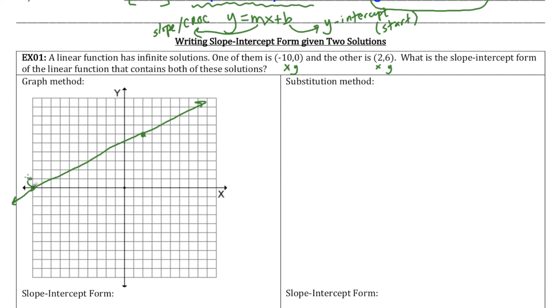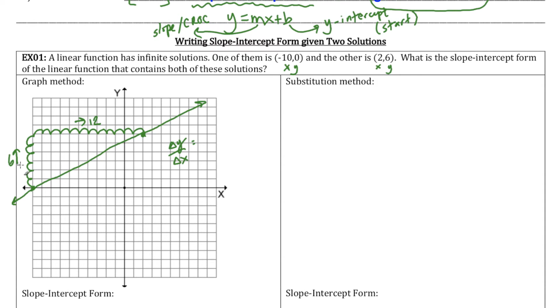So up 1, 2, 3, 4, 5, 6. So we go up 6. And then we go right 1, 2, 3, 4, 5, 6, 7, 8, 9, 10, 11, 12. We go right 12. So my change in y over the change in x.